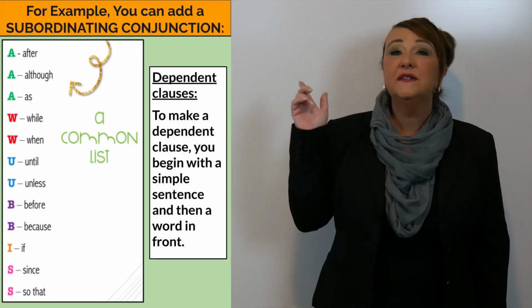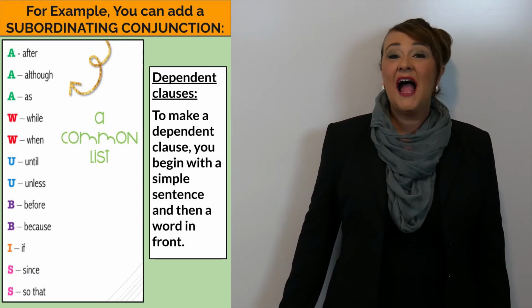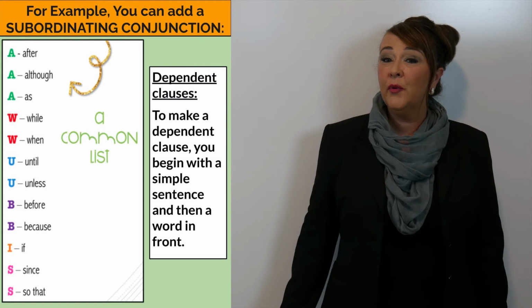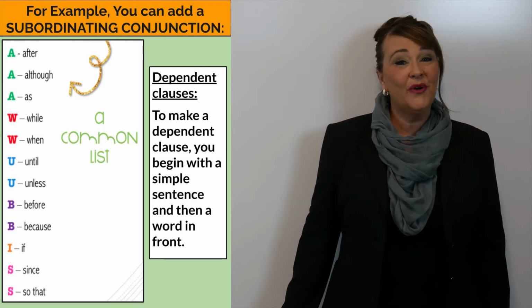Now let's talk more specifically about subordinating conjunctions. On your screen, you see a list of these subordinating conjunctions. I suggest you write these subordinating conjunctions down and memorize them.